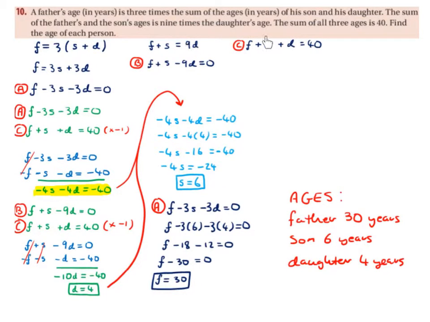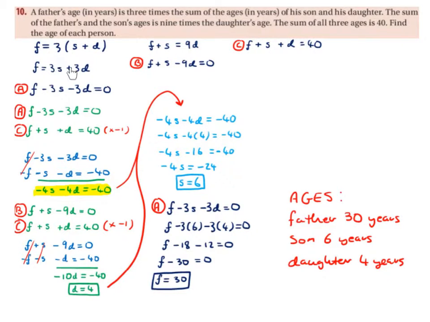So now we have 3 equations in terms of F, S, and D. And what we're going to do is rearrange them so that the variables are on the left and the constants are on the right. And then we're going to solve for F, S, and D. So F equals 3 times S plus D. 3 times S is 3S. 3 times D is 3D.